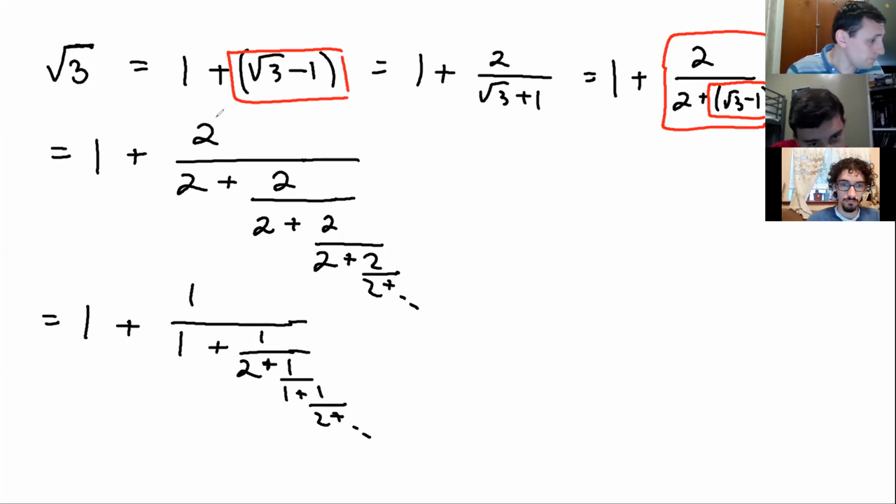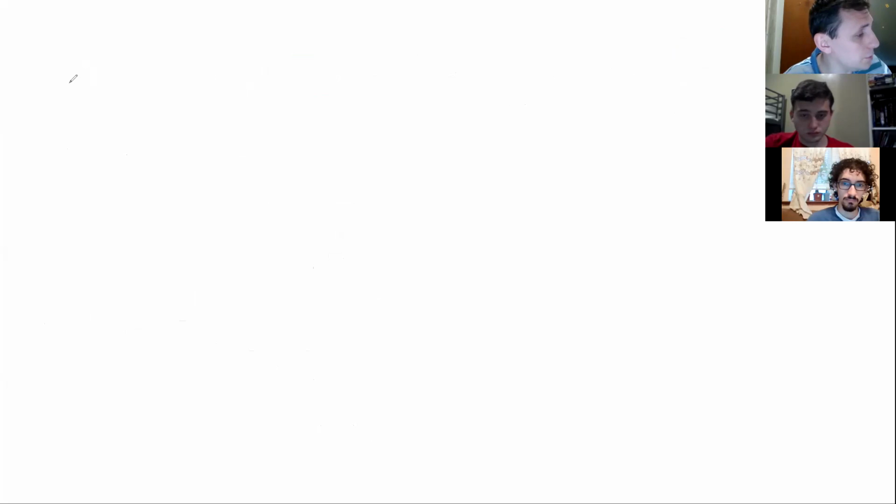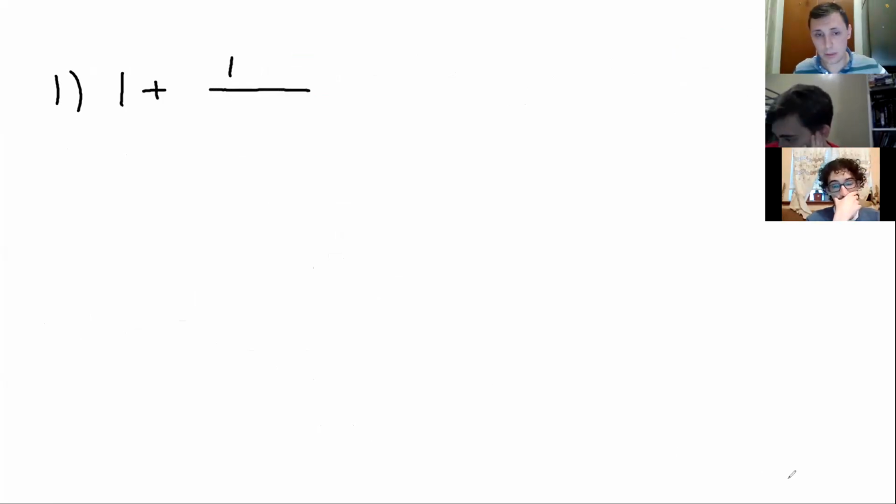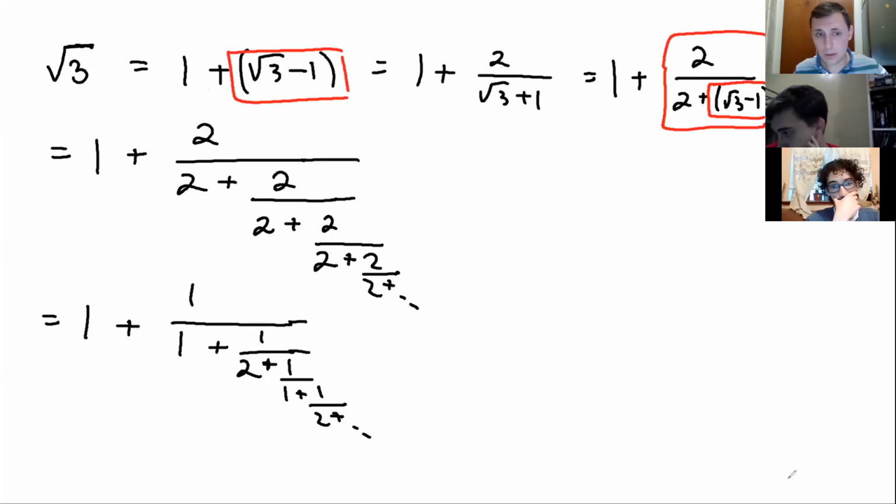So this is what you can now do, guys. You see, it's 1 over 1 plus the alternation of 2's and 1's. So that means I can calculate root of 3 by this procedure. 1 plus 1 over, begins with what? It begins with 1 plus 1/2.